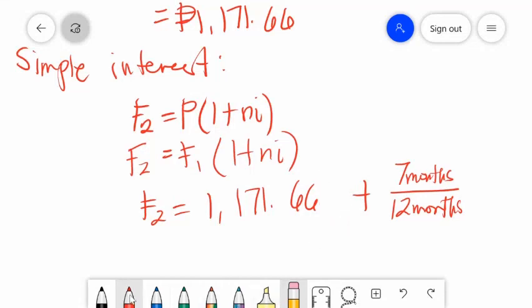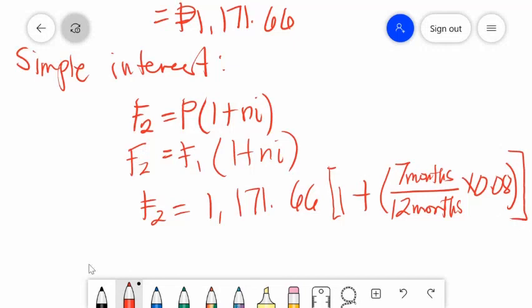So 1 plus 7 divided by 12 times 0.08. So our F2 now will be equal to 1,226.34.